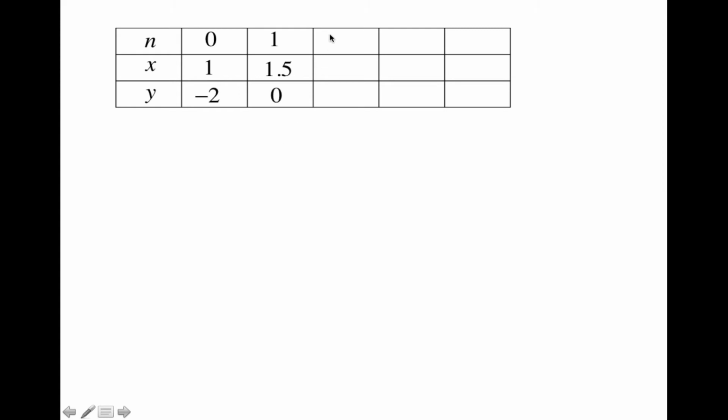Now I need to find the second point, because I want to go all the way up so I can approximate y of 3, because that's what the original example wants me to find. That means I have to do this at least 3 more times, because my step size is 0.5, so to go from 1 to 3, I'm going to have to do it a few times. I'm still using my dy/dx equals 2x minus y.